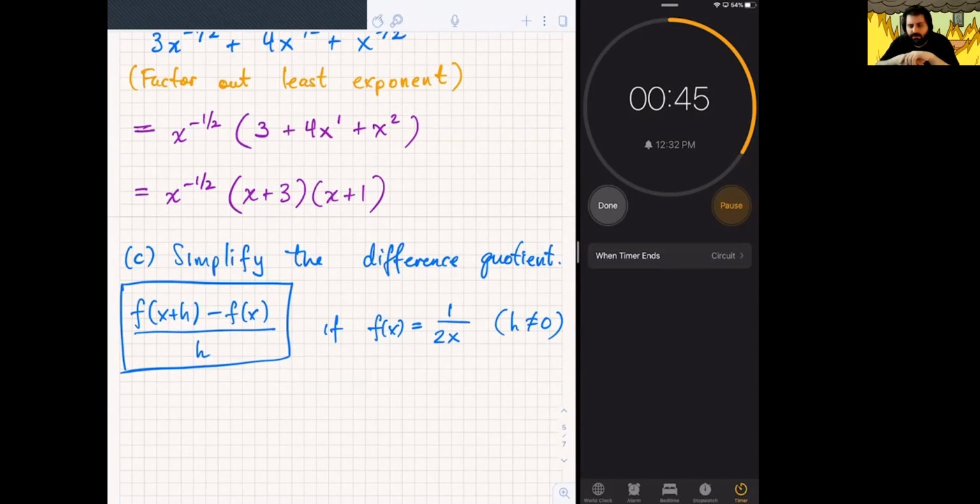The answer should, sure, be in factored form. Just as long as the h gets canceled, that's what I'm looking for.